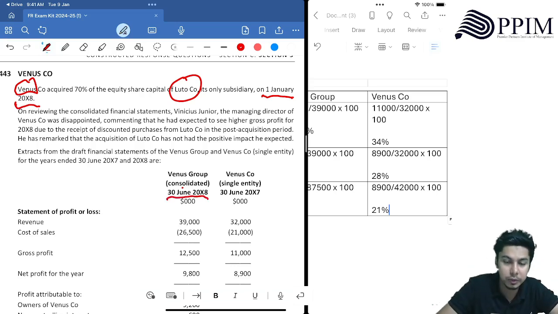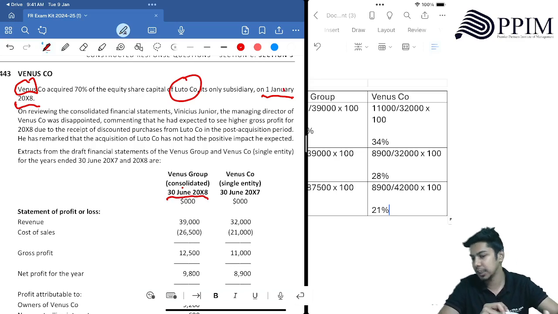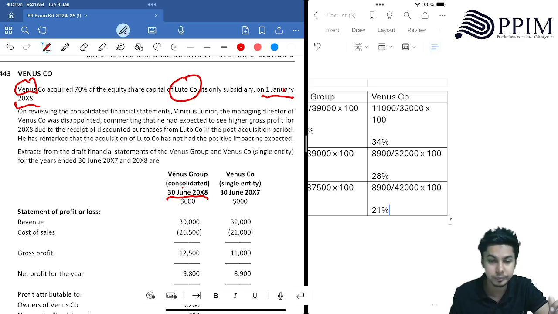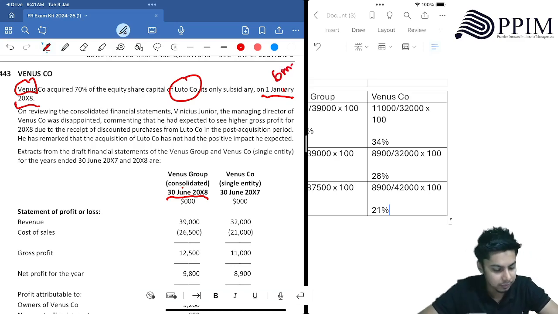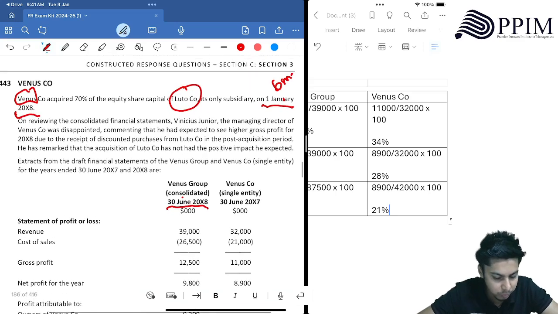Right. Now, guys, look at this. 30th of June 2008, we bought the company on January 2008. How many months subsidiary are we looking at, guys, over here? Very good. It's a 6-month subsidiary that we are looking at over here. Right. On reviewing the consolidated financial statements, Vinicius Jr., the managing director, was disappointed and commented that he expected to see high gross profit due to the receipt of discounted purchases from Luto in the post-acquisition period.